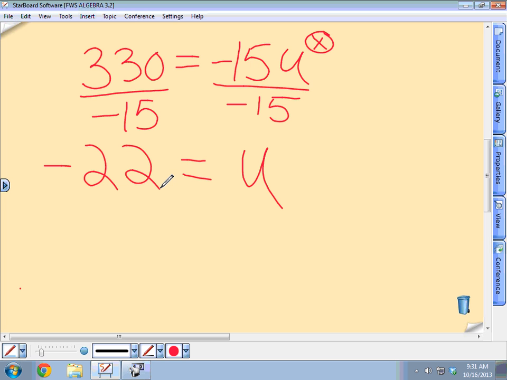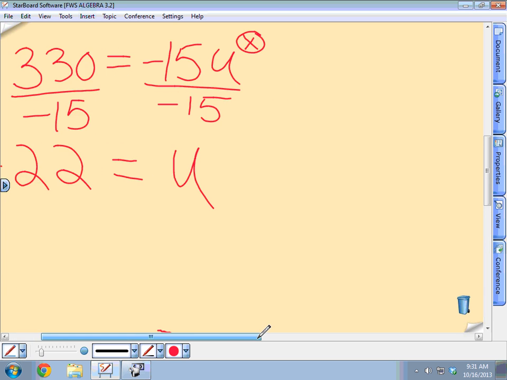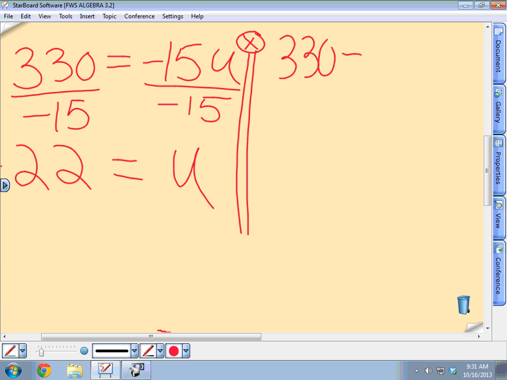All right, 22. Notice, if I put a check on my problem, I have 330 equals negative 15 times 22, because I'm putting my 22 in for u. That's how I check.